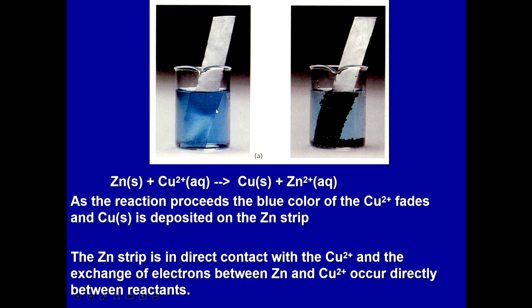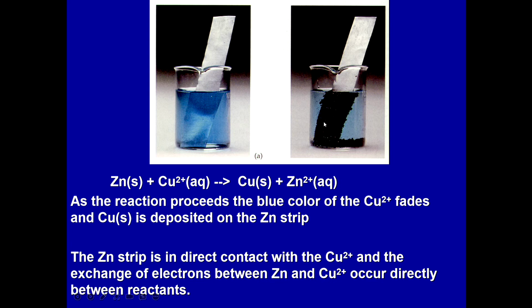We can do the reaction in this way, where the reactants are just mixed together. For example, this is a zinc bar, and this is copper solution. If we put the zinc bar in the copper solution, this reaction will happen. So some copper solid will be produced on the zinc bar.